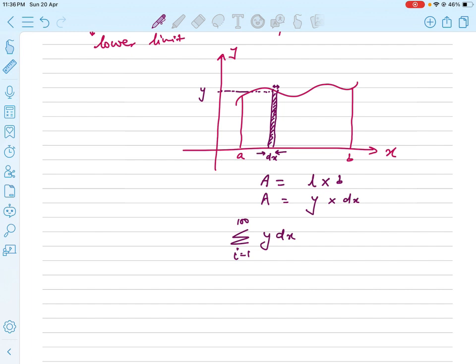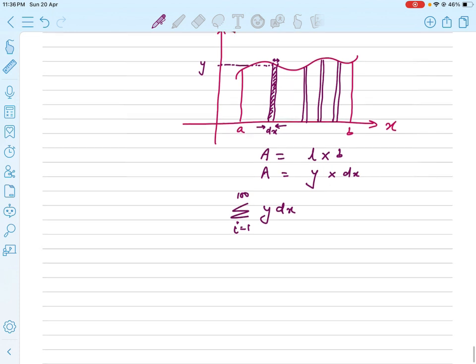So I can say that between A and B, there can be an infinite number of strips, and each strip will be nothing but a rectangle, and the area of the rectangle we know will be y times dx. And of course the value of y will be different at different places. That's why we did not write y as a particular number, but y is a function of x.